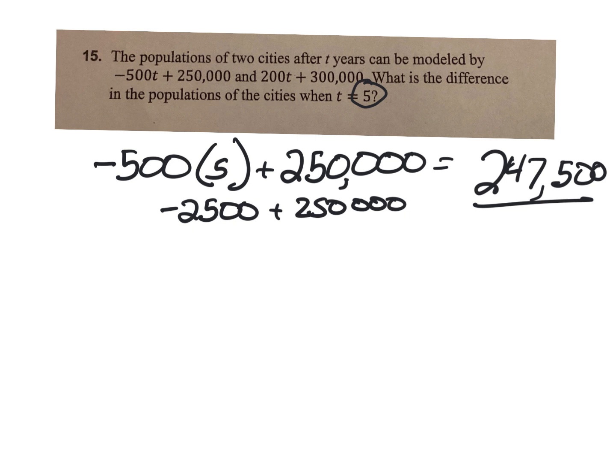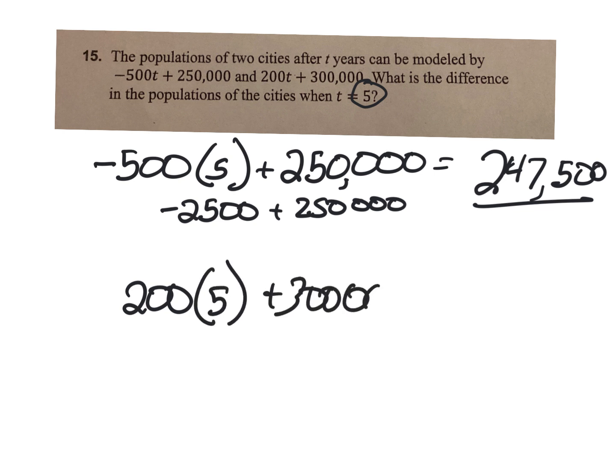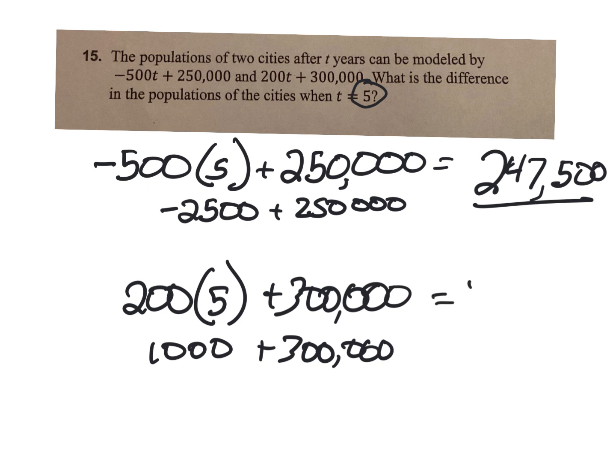Now the next one is 200 times t, and we know t is 5, plus 300,000. You gotta be careful with these bigger numbers. So 200 times 5 is 1,000 plus 300,000, and that gets me 301,000.